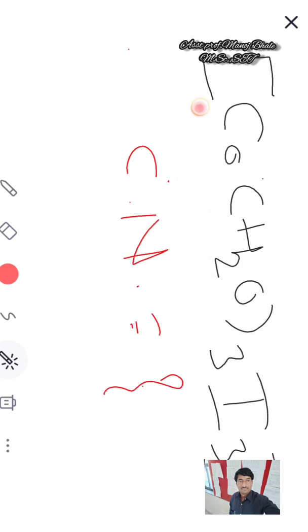Write down this structure: in square bracket, cobalt surrounded by 3 water ligands and 3 iodine. So this is a complex. C.N., that means the coordination number of the given complex.